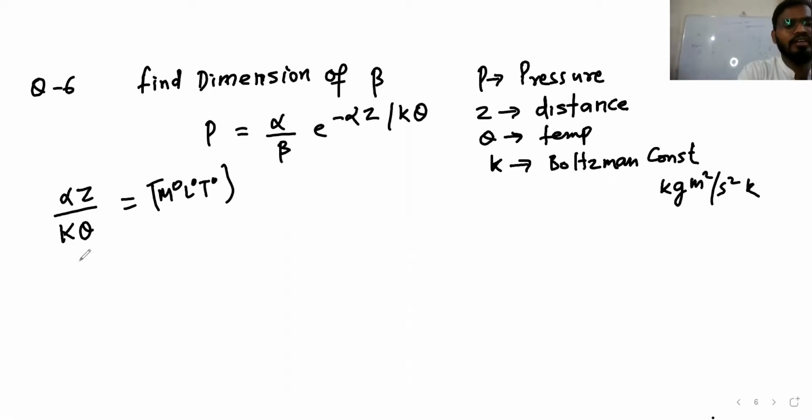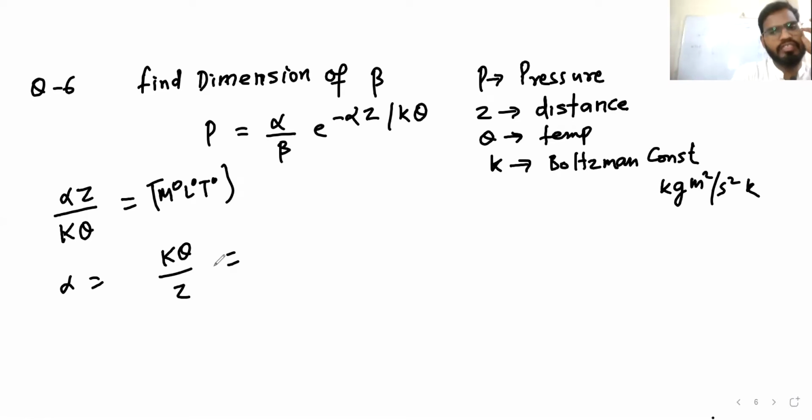If you make alpha the subject, then you are going to get K theta by Z. Theta is your temperature, right? K is your Boltzmann constant. What we can do here? Kg first, right? Kg is M. Meter square, so L square, right? And then by second square. Second square is T square.